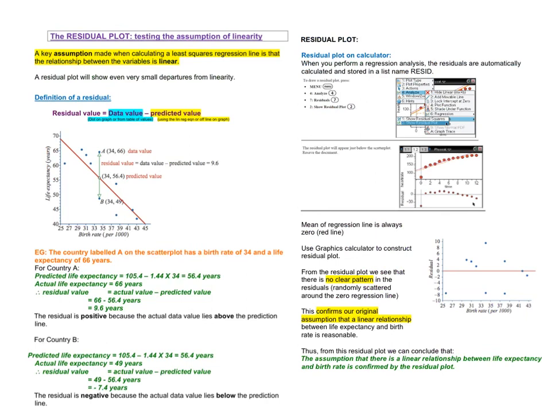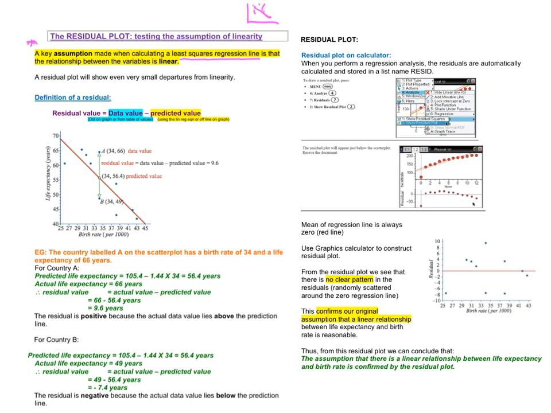Okay, so we're now going to look at our residual plot. It's really important, and it's why I've popped it in yellow, that when you're creating a least squares regression line, you are assuming that the graph is following a straight line, or a linear pattern.